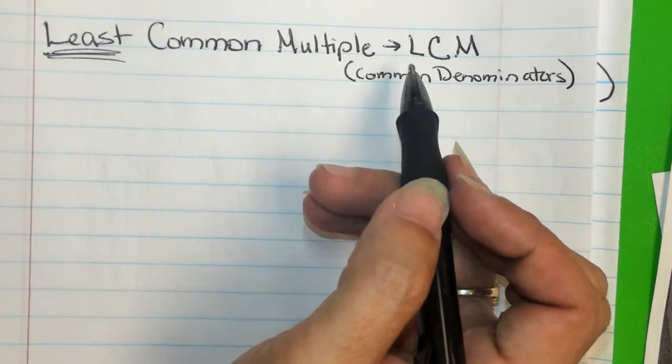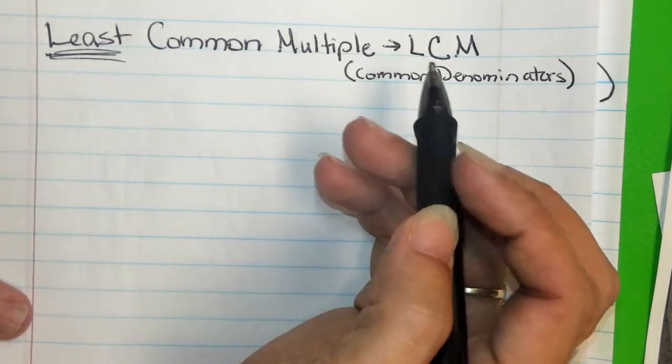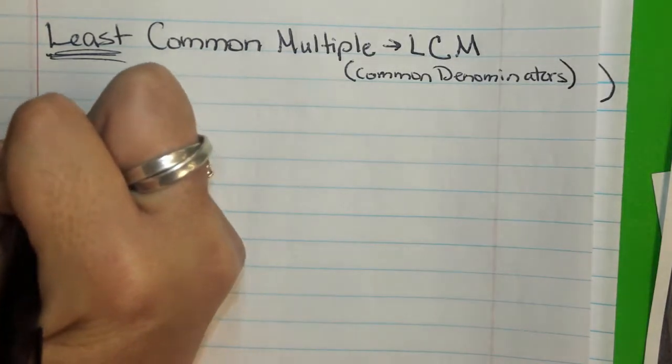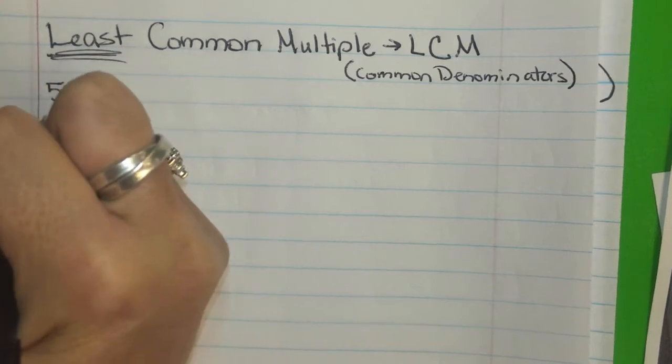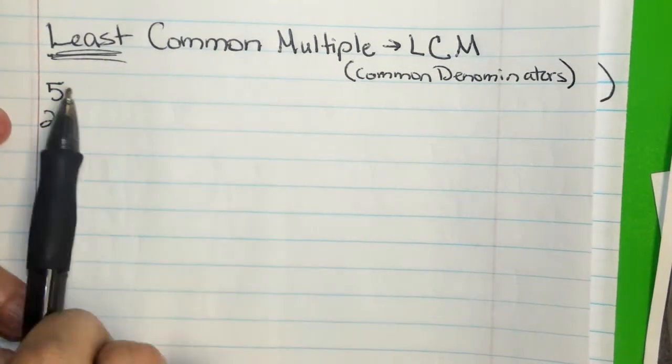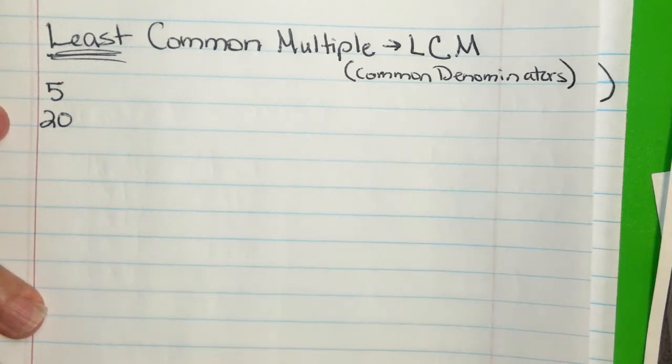Okay? So, if we're doing LCM, let's say they want you to do the numbers, I don't know, let's say 5 and 20. I'm kind of goofy. I do write it this way, and I go across the paper. I don't know why. That's just the way I do it. Think of it as skip counting.